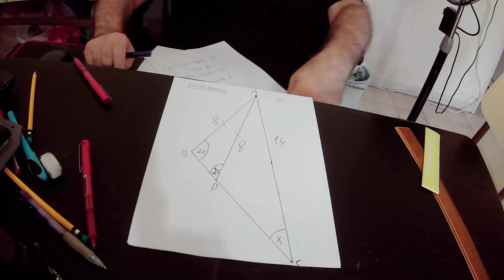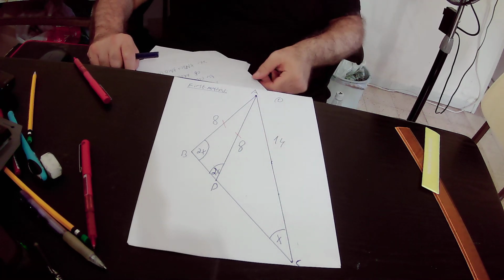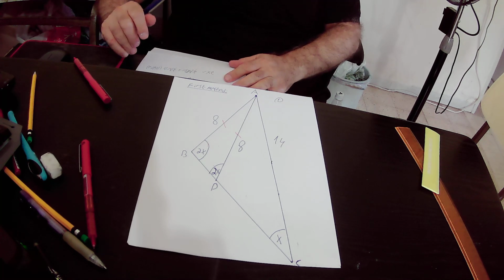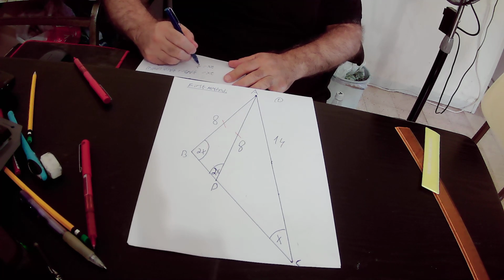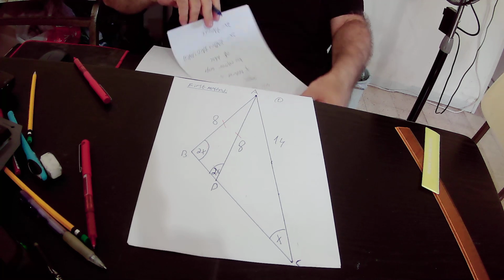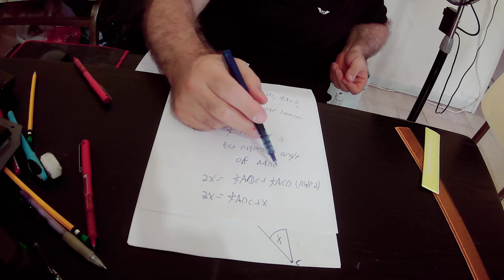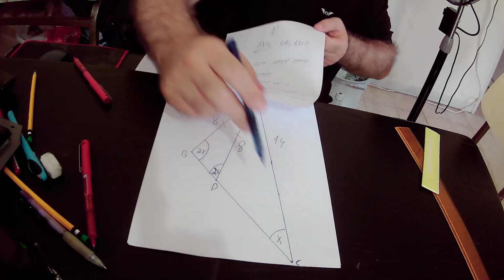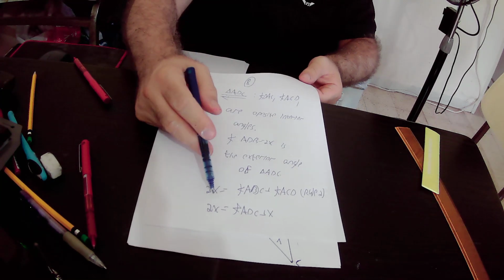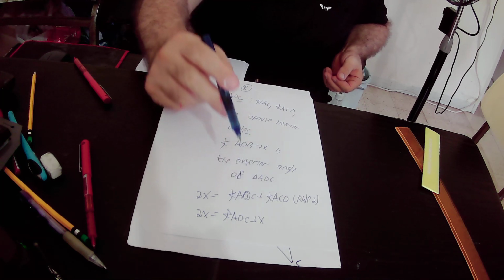But what is the value of angle ACD? Angle ACD equals x. So we can substitute angle ACD by x, and we will get that 2x equals angle ADC plus x.